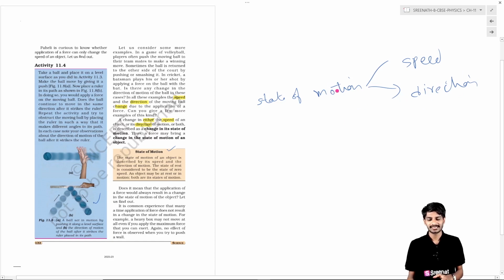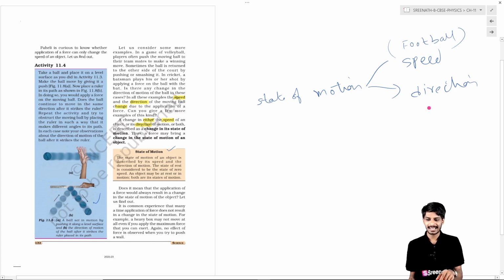In the football example, speed is changed by kicking it, by pushing it. Pushing is nothing but force. By applying a force on a football, its speed is changed. So finally, we can say force changed the speed, force changed the state of motion.